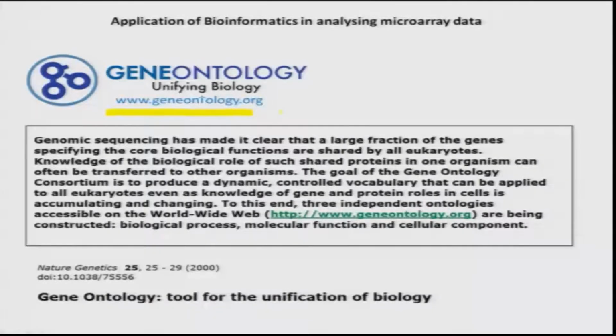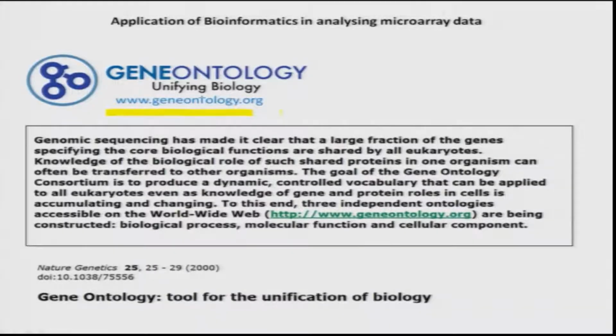When they formed this consortium, this is the mandate. I read it out: genomic sequencing has made it clear that a large fraction of the genes specifying the core biological functions are shared by all eukaryotes, whether it is DNA polymerase or histone protein, they all do the same function in yeast or human.